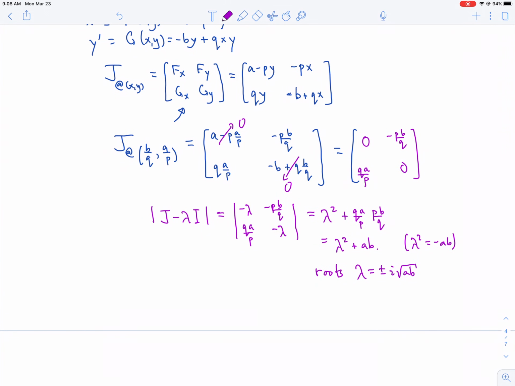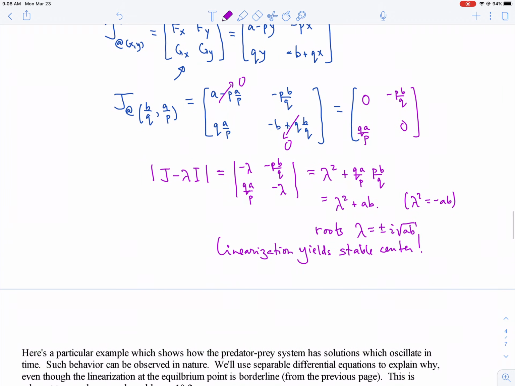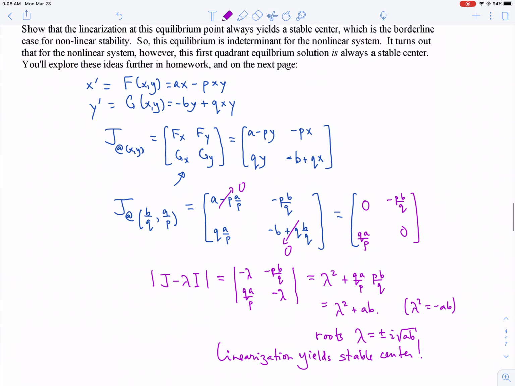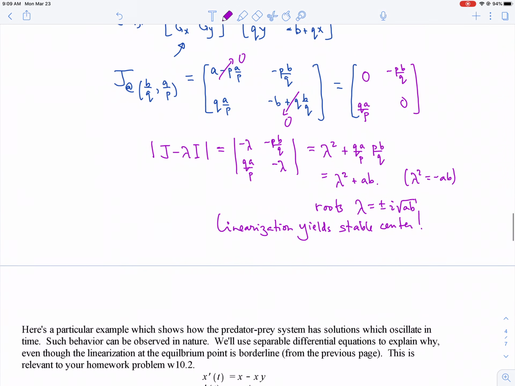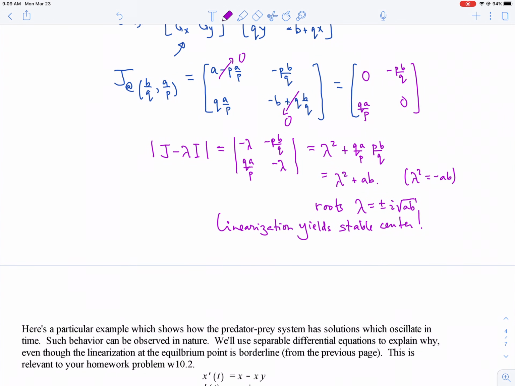So for the linearization, we've got a stable center. Which is great, except that was the one case where the linearization did not tell us whether the equilibrium solution was stable or unstable. So that's not so great.